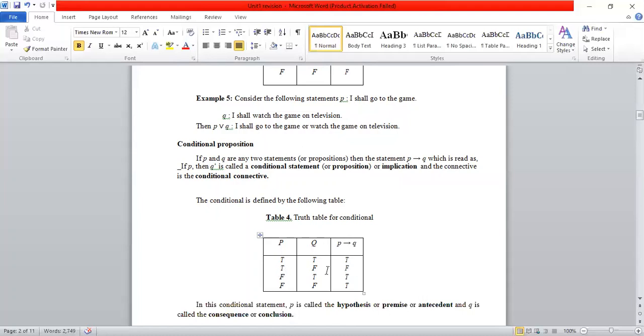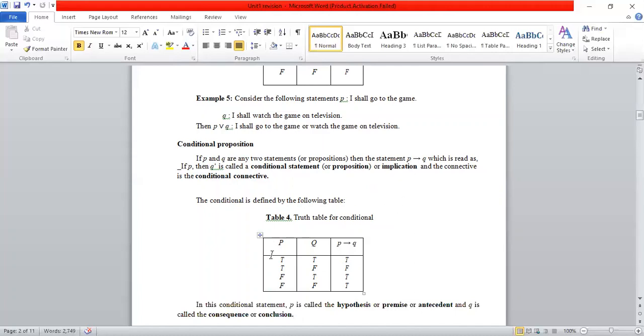Okay? In conjunction, whenever P and Q have truth value true, then P and Q will have truth value true. Otherwise, false. In disjunction, whenever P and Q both have truth value false, then only P or Q has truth value false.